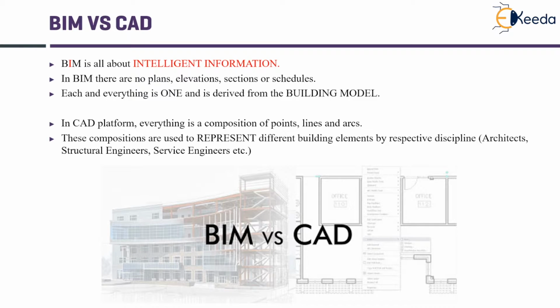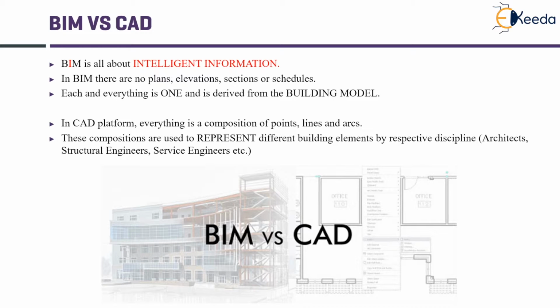That is, the walls will be straight lines, rooms depicted as a composition of walls or a rectangle, a door is just an arc. These compositions are only used to represent different building elements, that is, symbols are used by respective disciplines of architects, structural engineers, service engineers, etc.